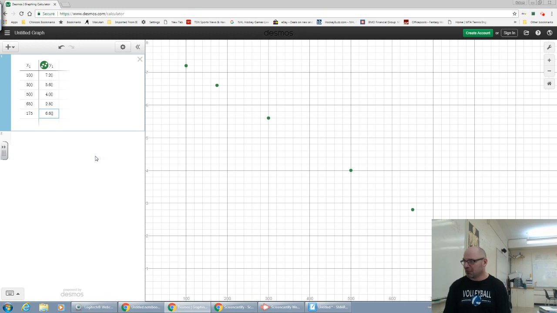We could do that just by eyeballing this, but we can make a line of best fit using Desmos here. If we think it's a line, we're going to put in y equals mx plus b, but we use the sub 1 to represent that it fits into our tables here. This is x1 and y1, and that's what we type in if we think this is linear.